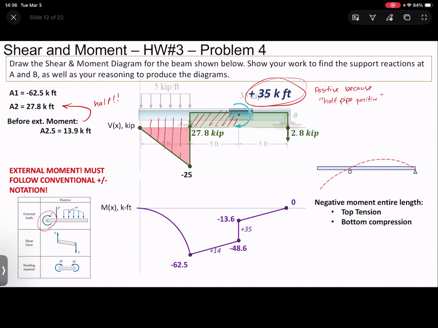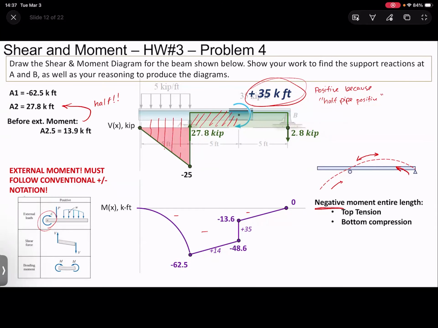What this moment diagram means is that it's negative the entire length. See how this is all negative? There's never a positive moment. And instead of just thinking there's a negative number, think about what this physically represents. A negative moment means that the top is going to be in tension the entire way, and the bottom is going to be in compression the entire way. That's what a negative moment essentially represents.